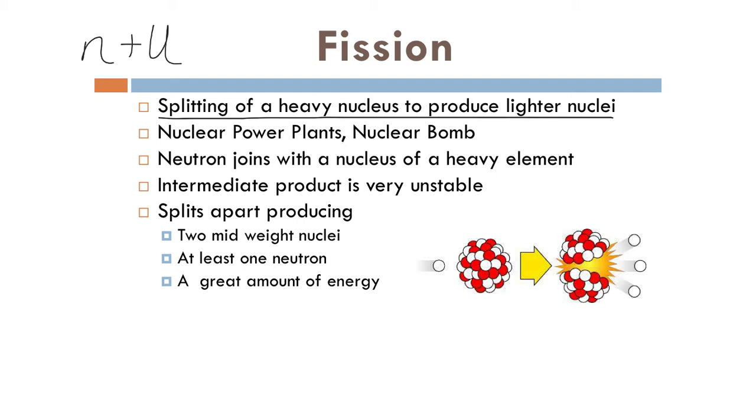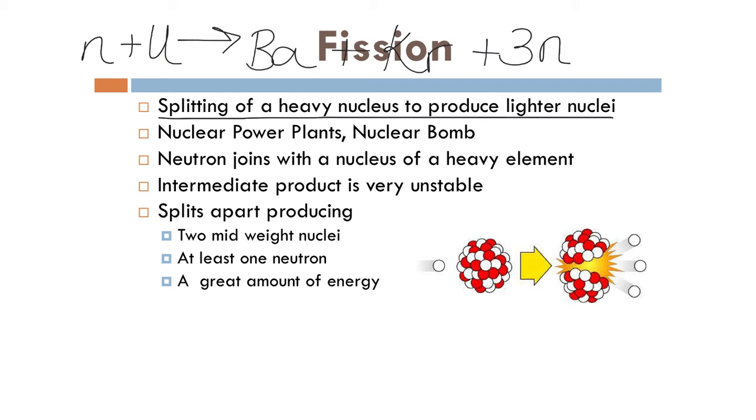So, a heavy atom, the uranium, is hit with a neutron and it splits apart into two lighter weight nuclei. Depending on exactly how the nucleus splits, you could get some different stuff, but the most common split makes barium, krypton, and three more neutrons.